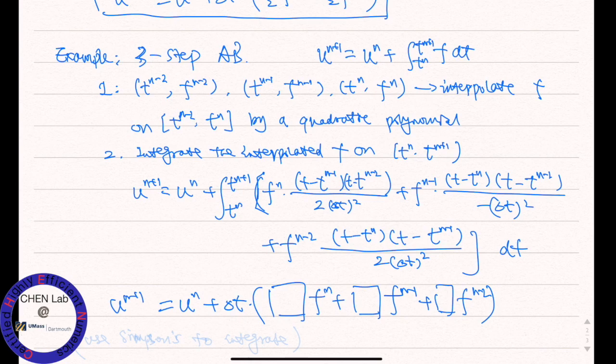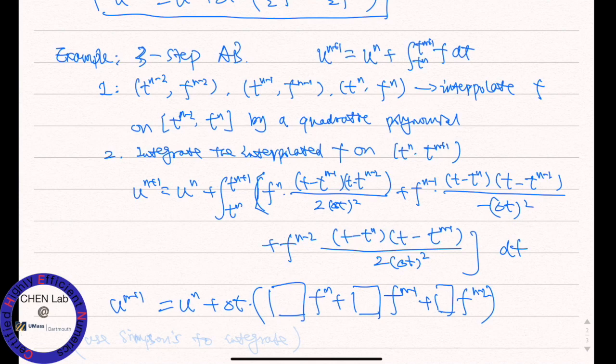If you use a rule, what rule? I guess Simpson's. Yeah, Simpson's. Apply Simpson's rule to each of them. Then one great thing you can see is that they're just numbers. All the tn plus 1, tn minus 1 go away, because with Simpson's rule it becomes evaluation at some points.